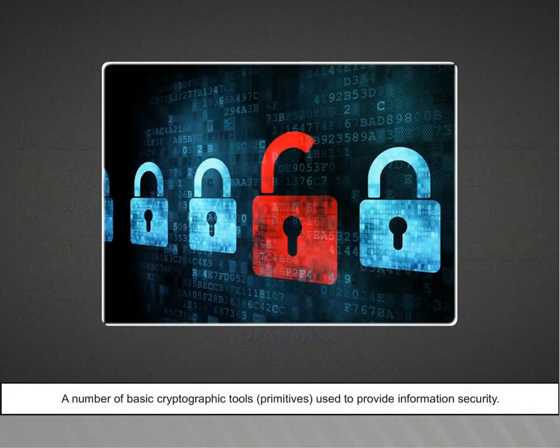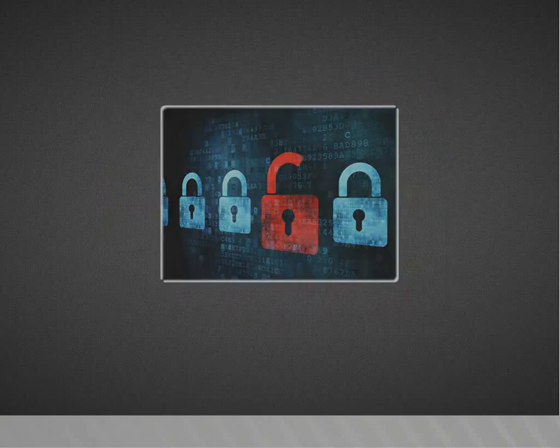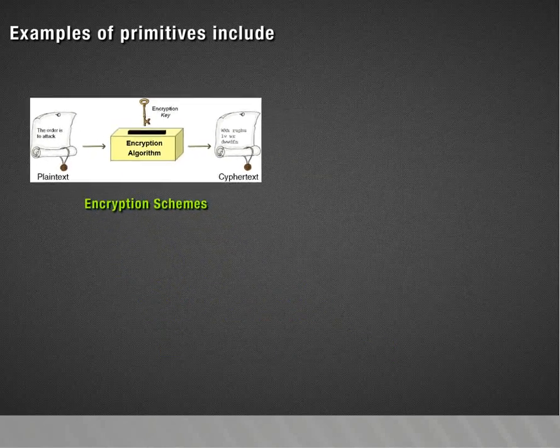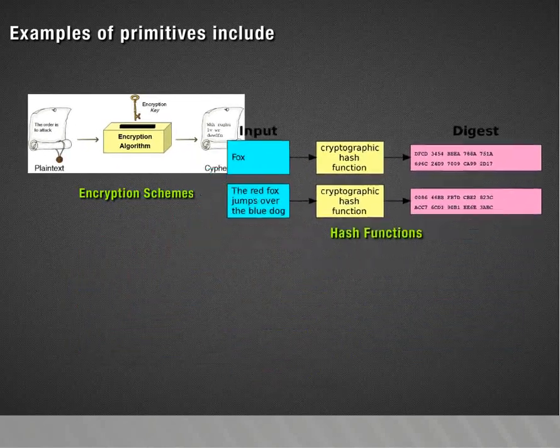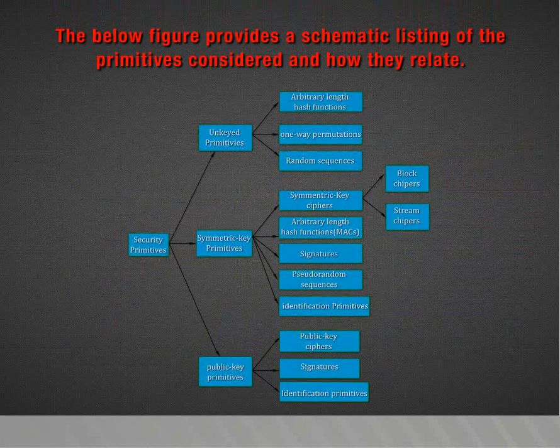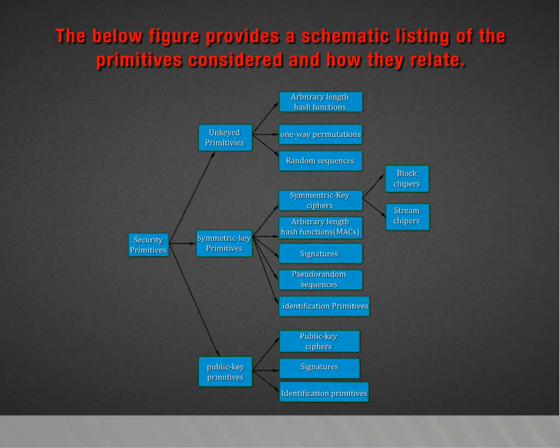A number of basic cryptographic tools, that is primitives, are used to provide information security. Examples of primitives include encryption schemes, hash functions, and digital signature schemes. The below figure provides a schematic listing of the primitives considered and how they relate.